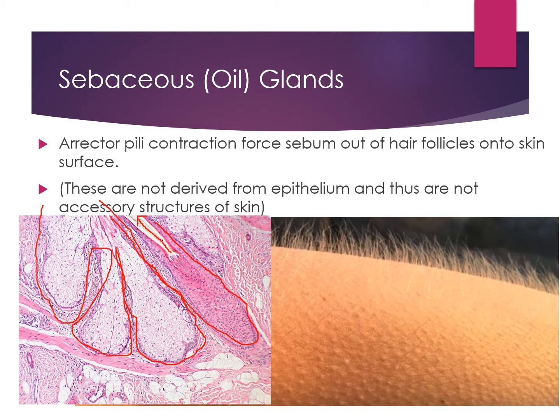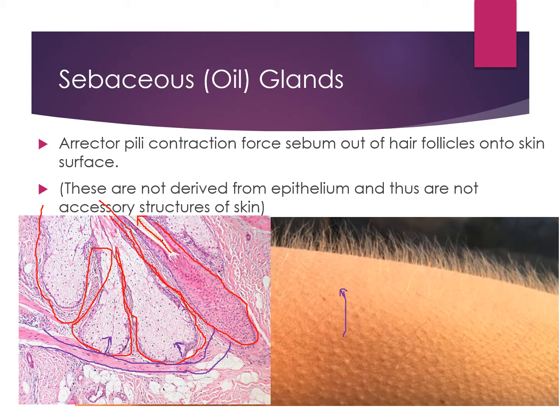Just outside of the sebaceous gland is a small muscle called the erector pili muscle. You can see it going in this direction. When this muscle contracts, it pulls on the hair follicle, causing your hairs to stand up like you see over here, but it also compresses the sebaceous gland, squeezing it or milking sebum out of it and pushing that sebum into the hair follicle.